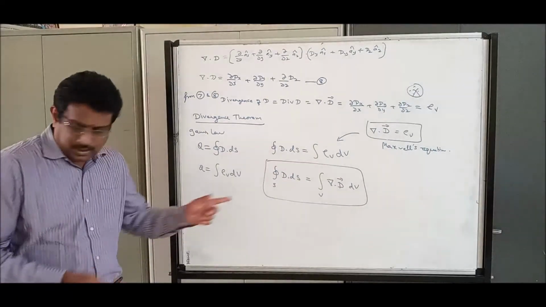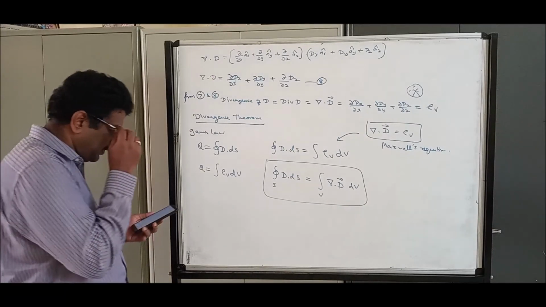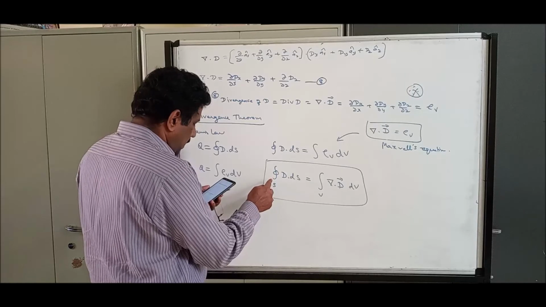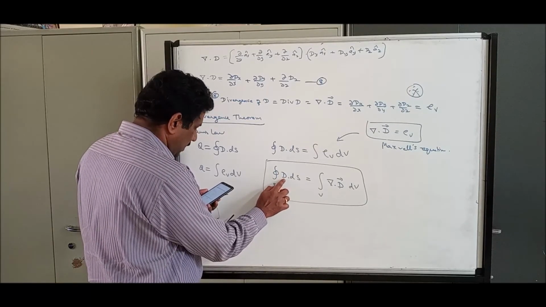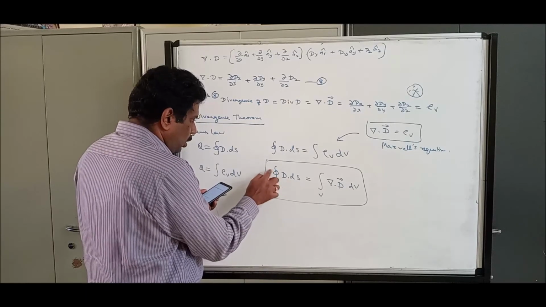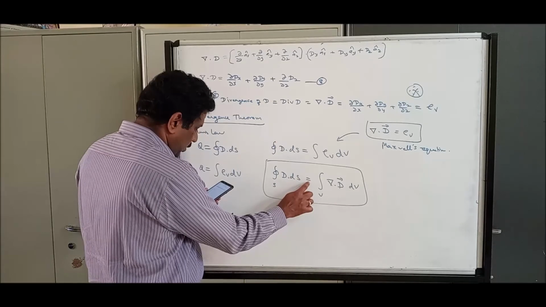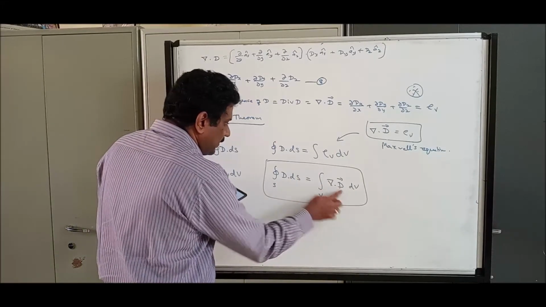Please make a note of this, and I am going to repeat the statement. Please listen carefully. The integral of the normal component of any vector field, here called D, over a closed surface is equal to the integral of the divergence of this vector field.